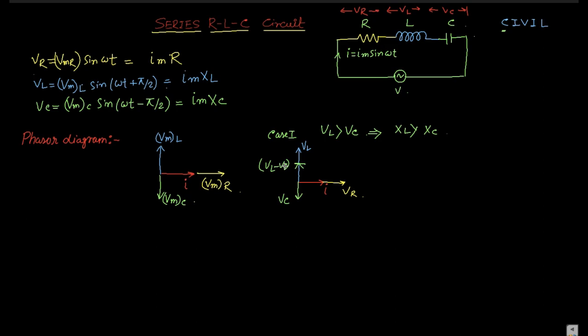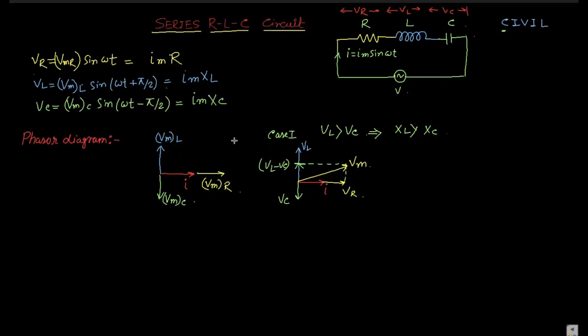This VL minus VC part and this VR part will give you the total V naught, or VM, the maximum magnitude of the voltage. This is case 1. You got my point? Is there any confusion up to this? No, sir.